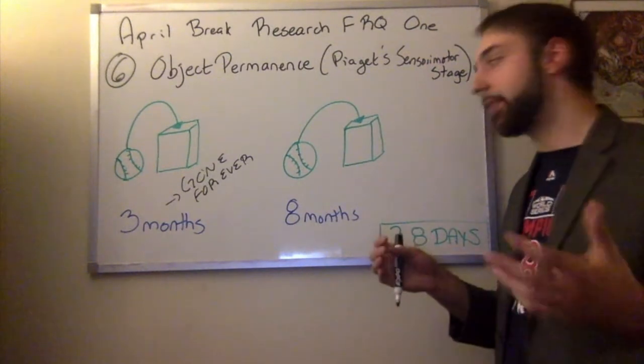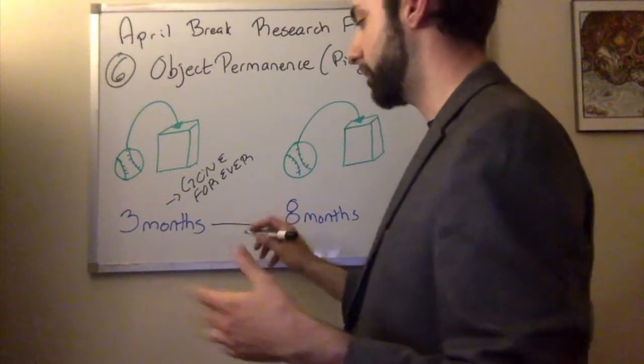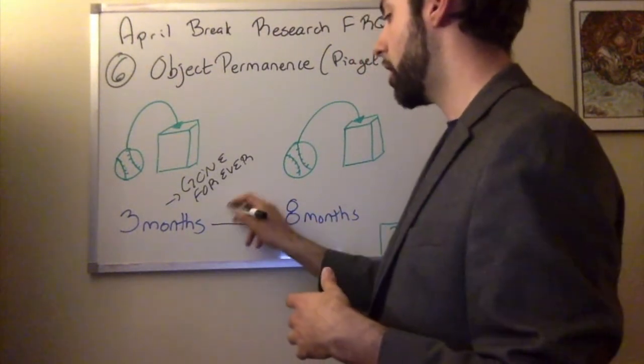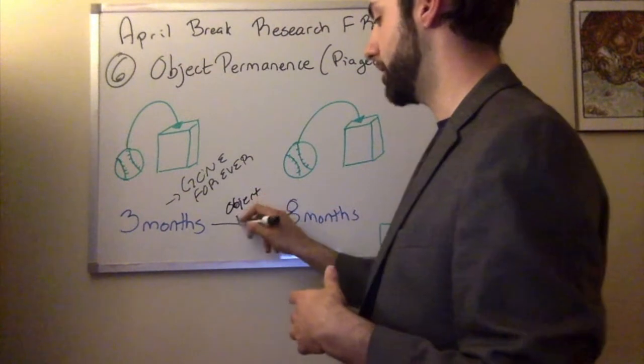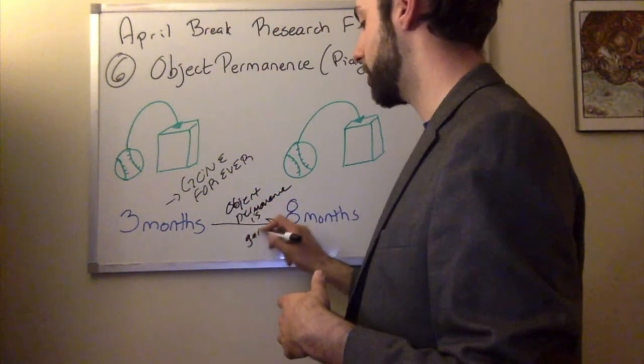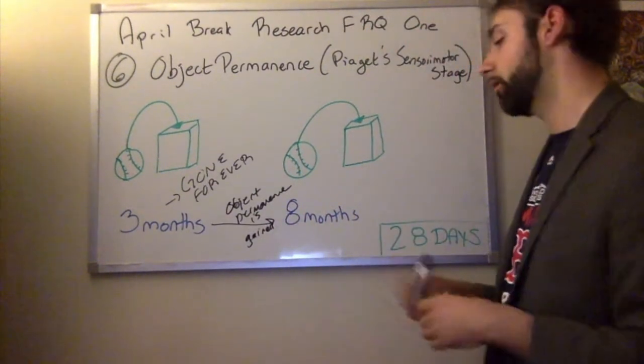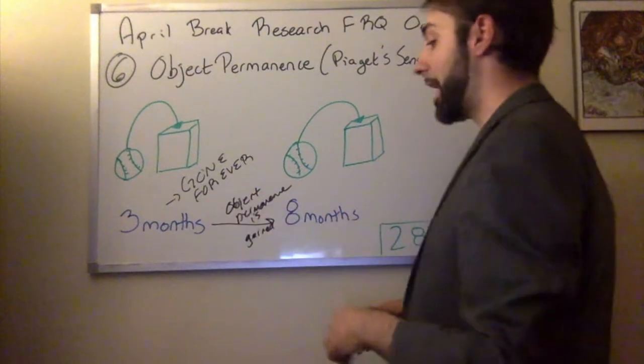At roughly 6 months, though, children acquire, so between 3 to 8 months, approximately 6 months to be specific, object permanence is gained. Still in the early phase of the sensorimotor stage, but still at a point where a 3-year-old lacks it.